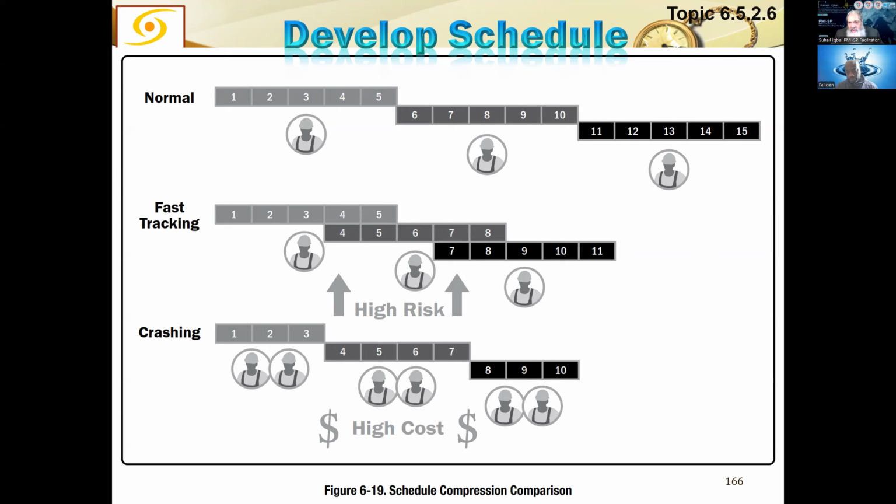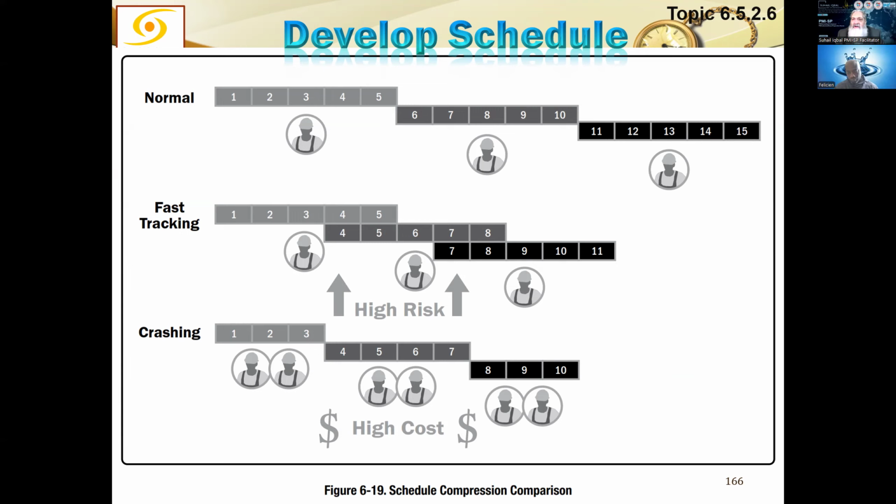This is only done in emergencies. Fast tracking is the normal behavior you adopt during fixing your projects. But if you are stuck at the last moment and you have to deliver tomorrow, you can then do crashing.